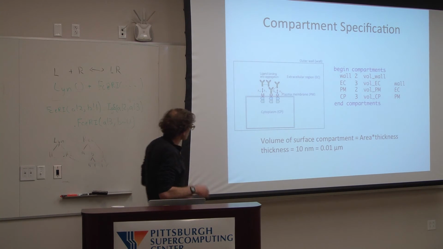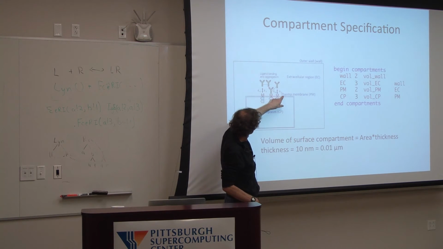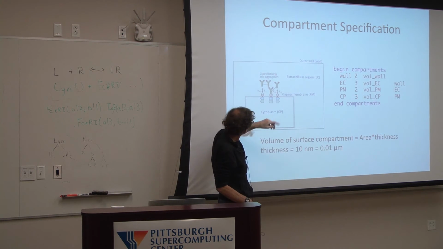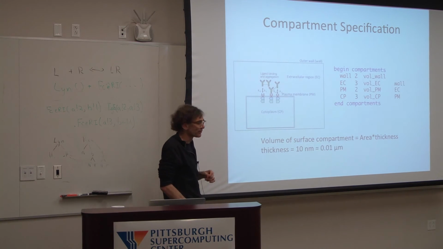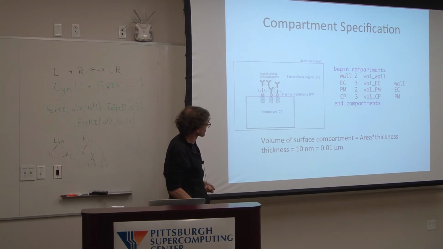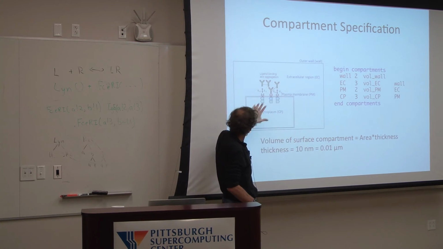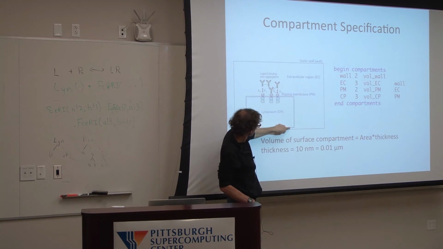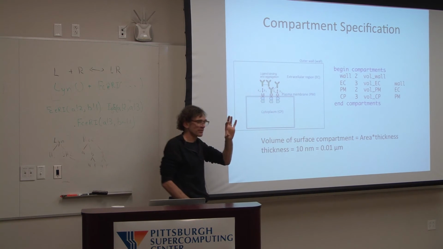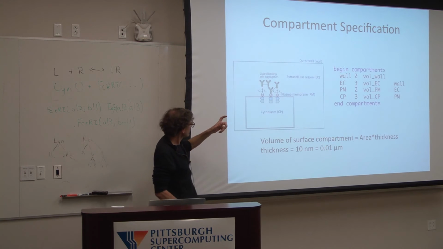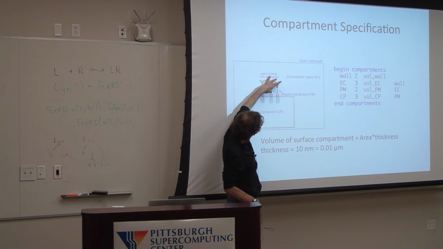But the key thing that I want to say here is that when I mentioned this reduction of dimensionality for the surface reaction, the way that we handle surface reactions in BioNetGen is to consider that there's essentially a surface volume, so reactions that occur on the cell surface are occurring just in a reduced volume that's basically the area of that surface times some thickness, corresponding to the dimensionality of the molecules that are fluctuating on these membrane surfaces.